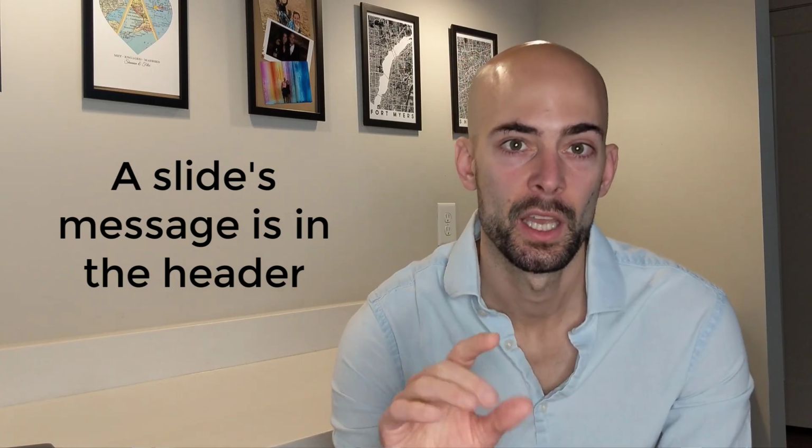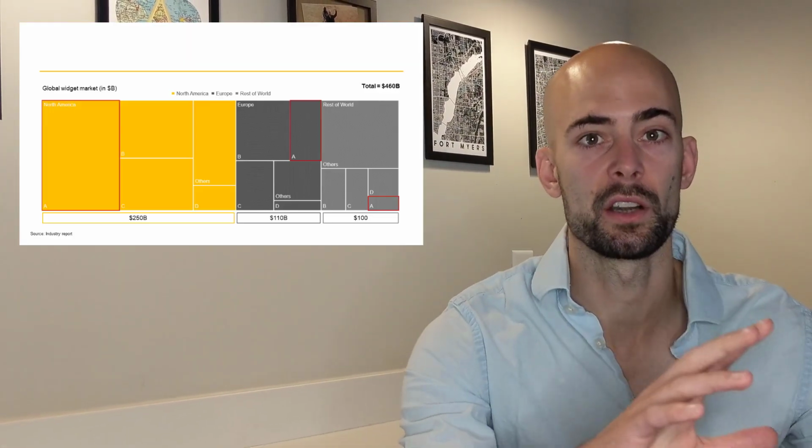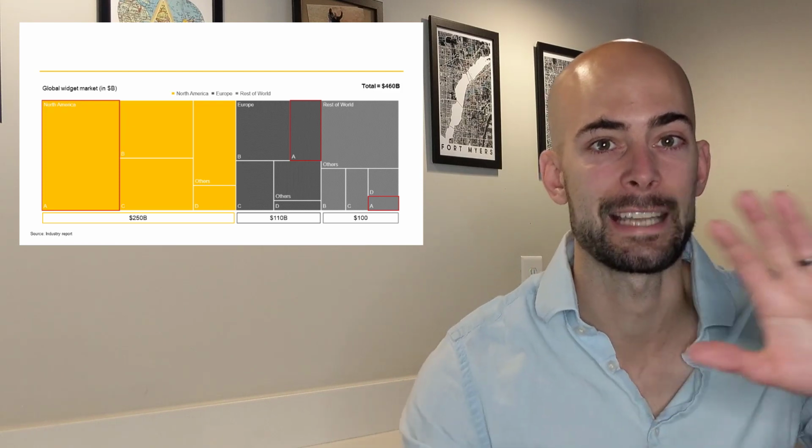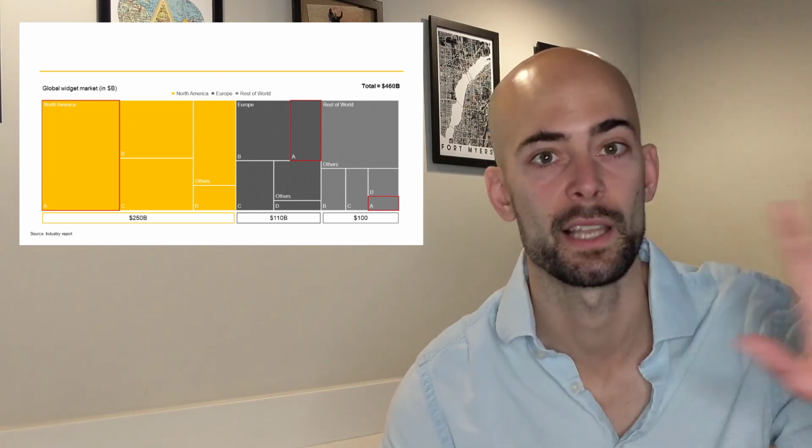The slide header, which is the top of the slide, is the first piece of information your audience sees. And it's the most important element on a slide. If you compare two slides, one slide has interesting charts, interesting bullets, but doesn't have a message, doesn't have a slide header.